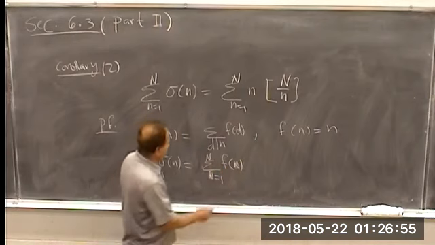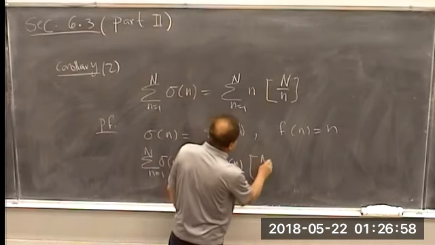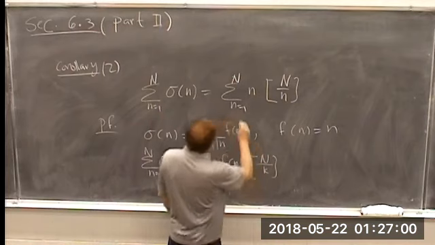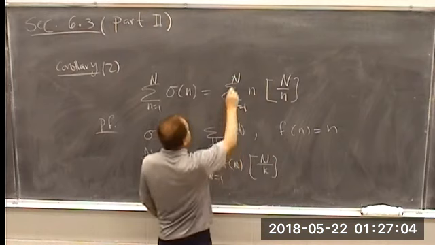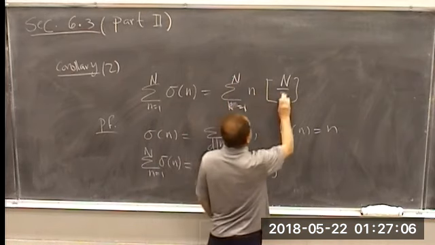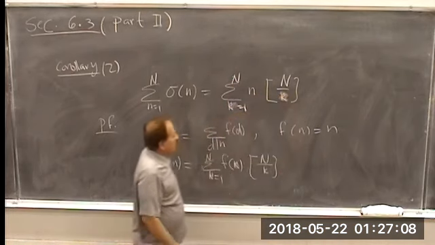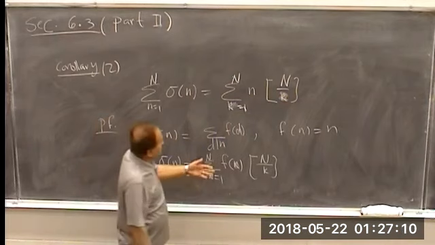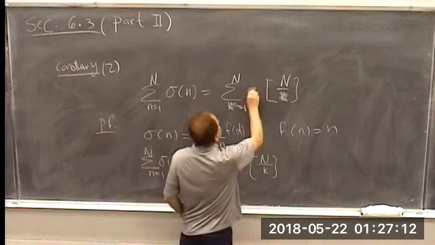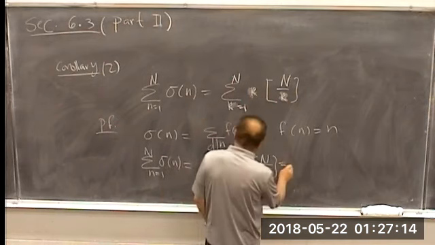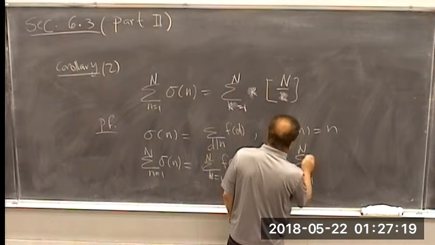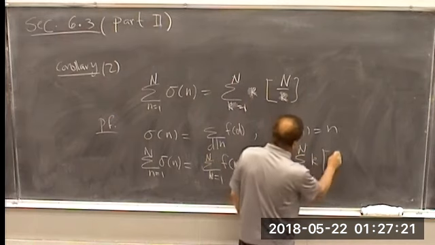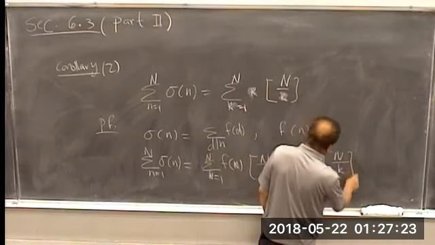And then we have N over k, with k equal 1 to N. Now f of k is just k.